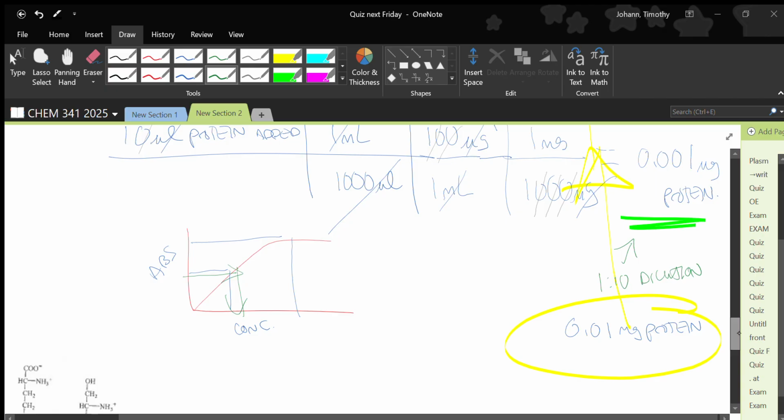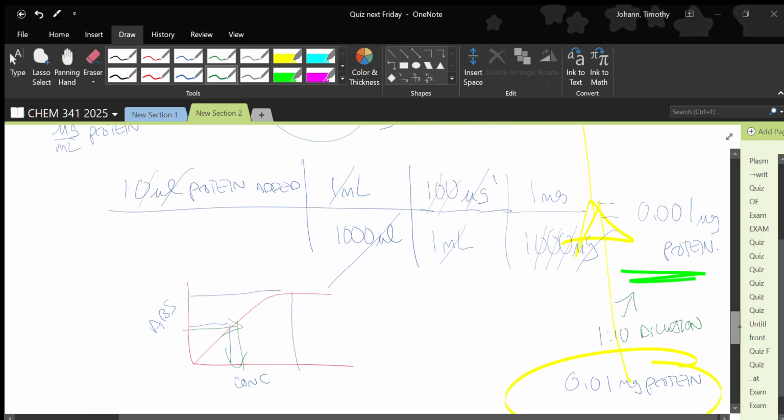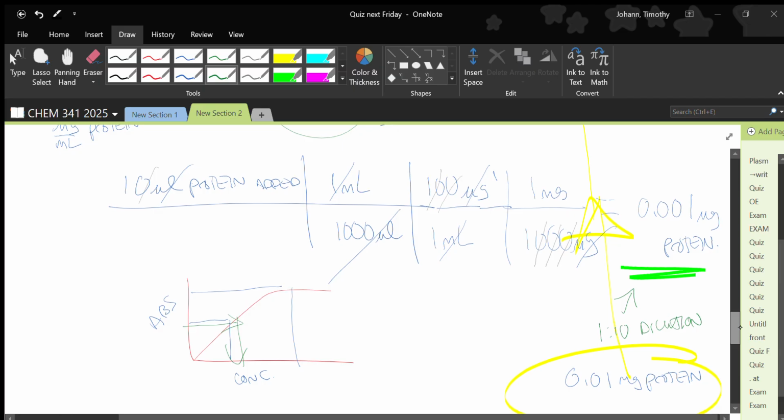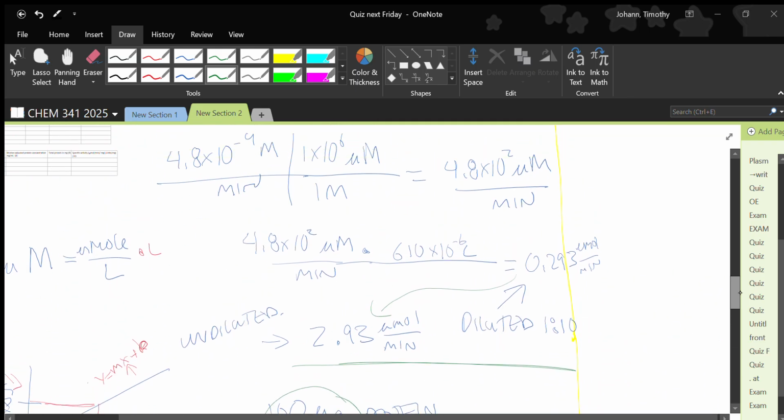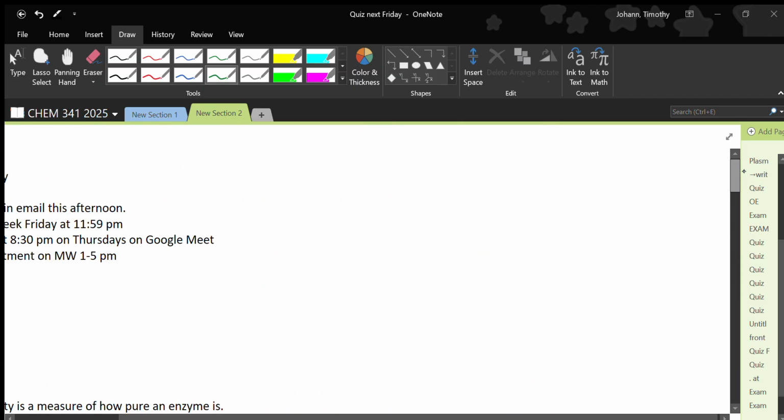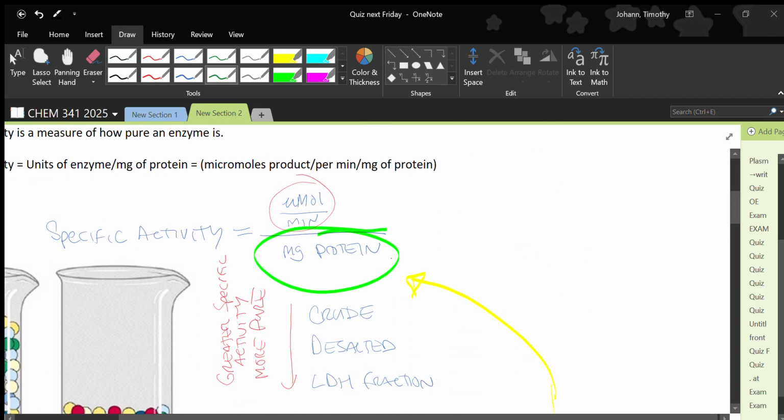All right, so we've got 0.1 and what was it? 2.93. Okay. So we just calculated for our stuff below, we have 2.93 micromoles per minute, and then 0.01 milligrams was our protein.